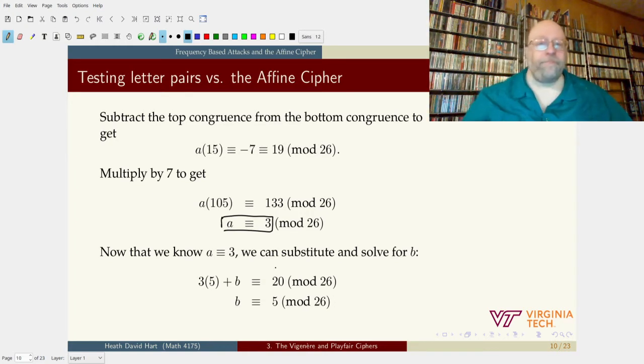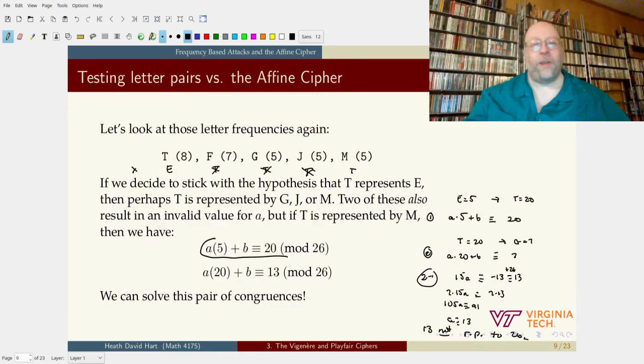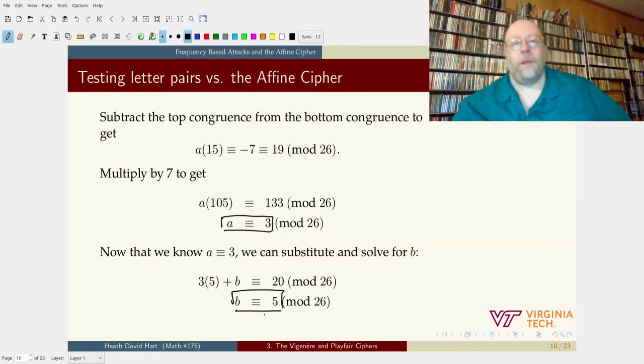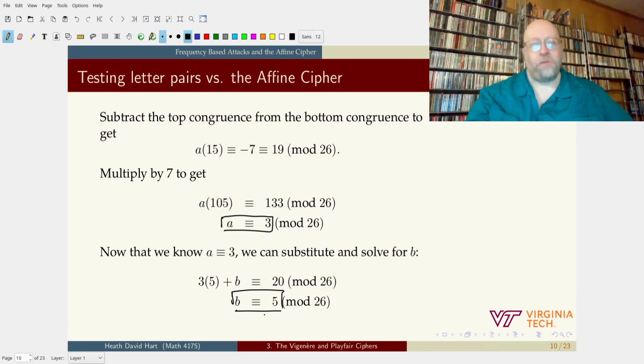And now that we know what A is, we can go back and substitute and solve for B. I'm substituting A into this congruence right here. 3 times 5 plus B is congruent to 20. And so B has to be 5. And so just guessing where the E and the T were, we found a pair that lets us solve for the congruence.